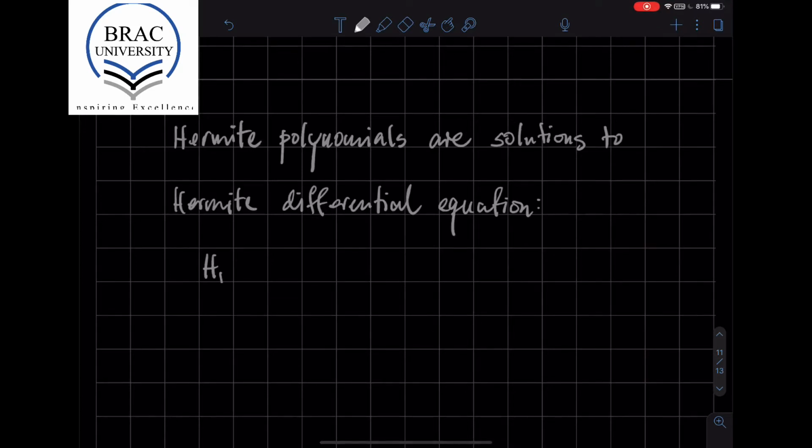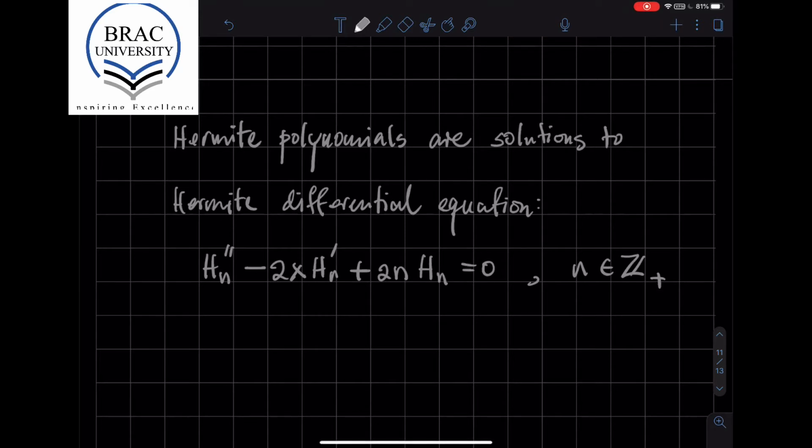Well, we have seen this before, but let's write it in terms of H: Hn double prime minus 2x Hn single prime plus 2n Hn is equal to 0, where n is a positive integer. So it can be 0, 1, 2, 3, something like that, also called the natural numbers, I think. The Hermite polynomials are the solutions to this differential equation.